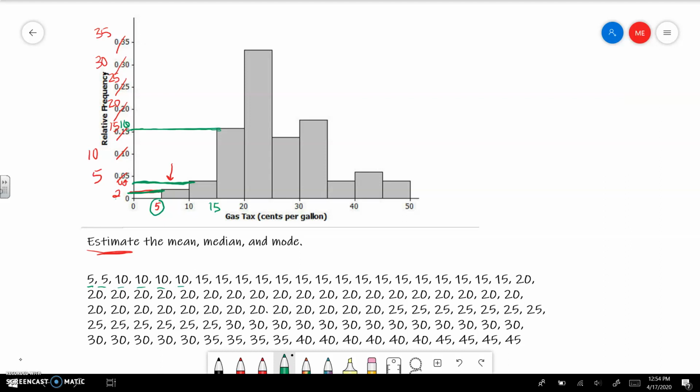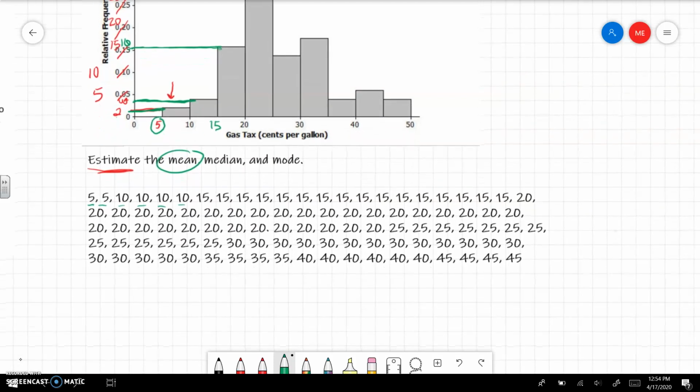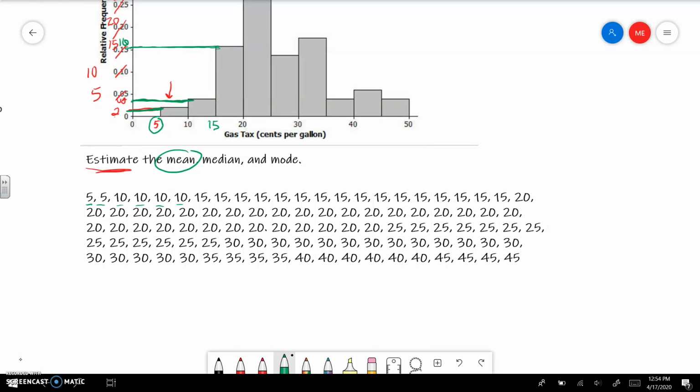So estimating the mean, median, and mode, let's start with the mean. So remember that the mean is adding them all together and dividing by the number of data points.